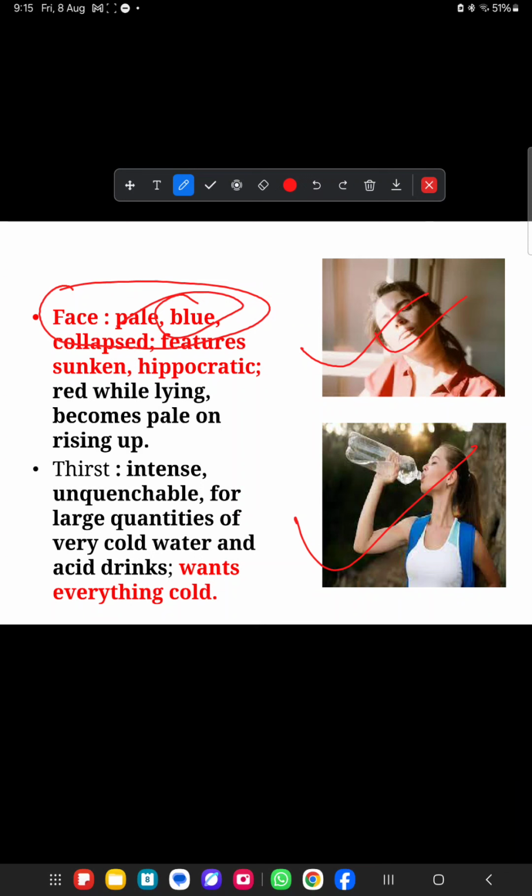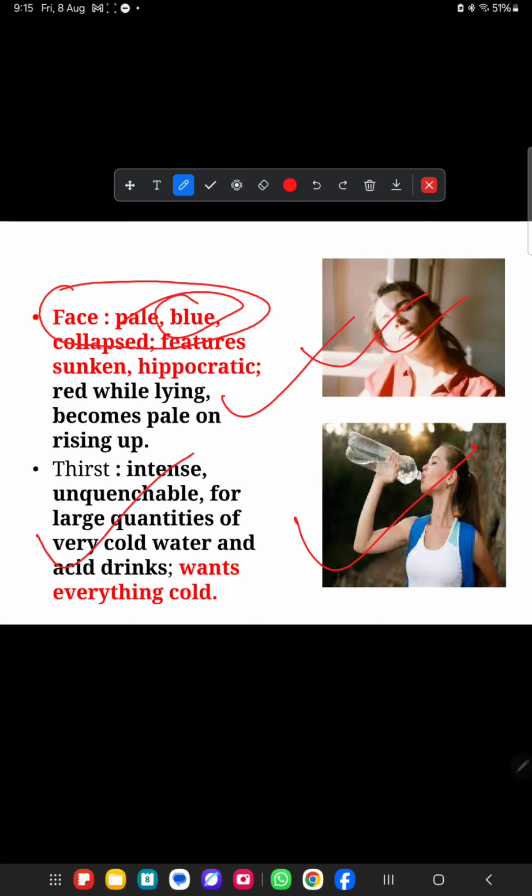If the word unquenchable is mentioned, it means he will not be satisfied while drinking the water, 4 to 5 liters. Why? Because this patient is having severe dehydration. That's why he wants more water; dehydration becomes so great that he needs water, hence unquenchable.